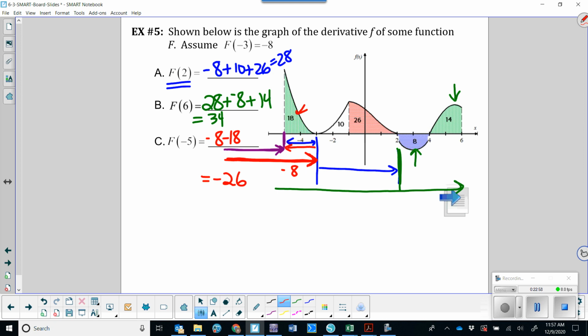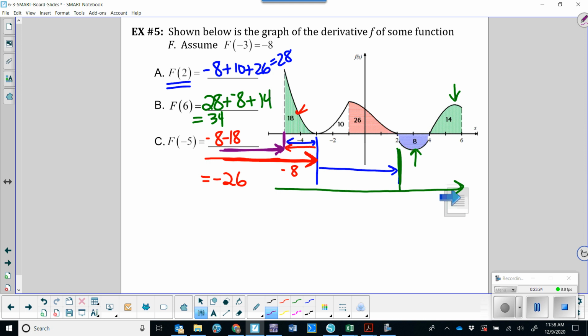But hopefully, and rewind it if that didn't make sense, and really look at it again. This needs to sort of make sense to you so you can apply this in other situations. When they tell me f of -3 is -8, they're saying all the way added to here from way back wherever somewhere is -8. If I want to find f of -5, okay, that's to the left of that.